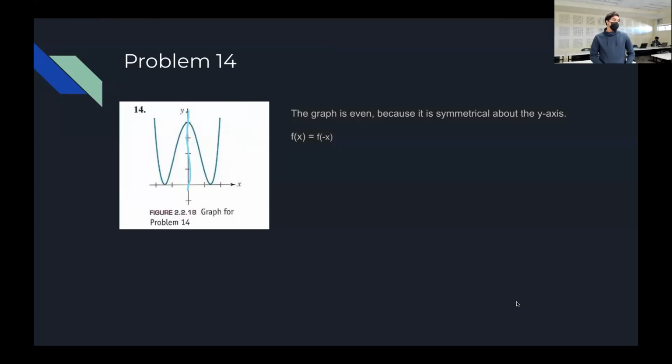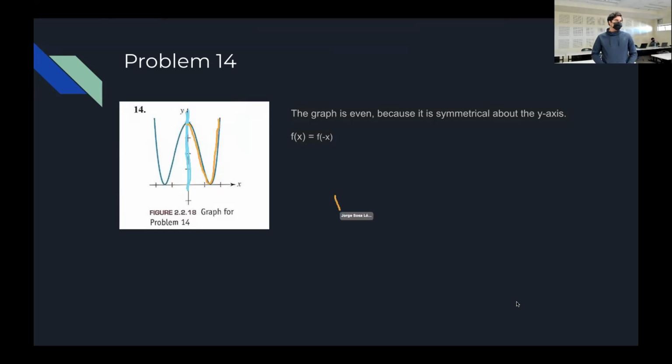You were saying, if we put a mirror on the y-axis, we should have the right-hand side and the left-hand side exactly the same. They should collapse, they would be mirrored. This is what we mentioned.